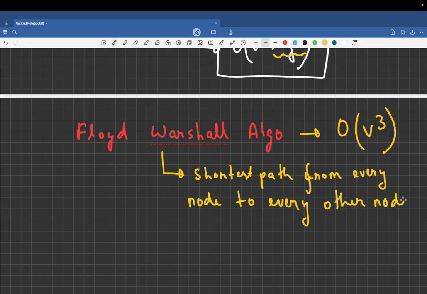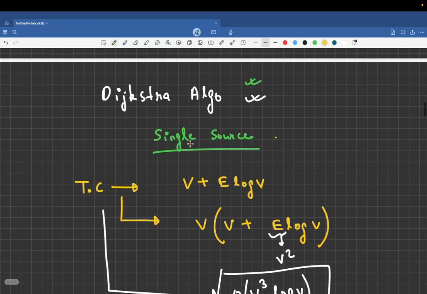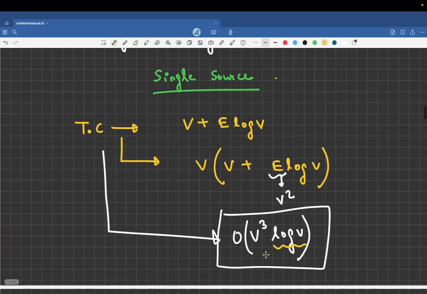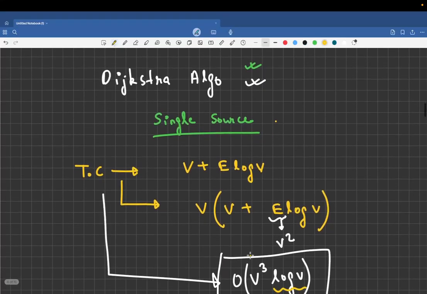In that case, you use Floyd-Warshall. Also, Floyd-Warshall is used when you have negative weights. When the edges have negative weight, in that case, you use Floyd-Warshall. Dijkstra does not work with negative weight.